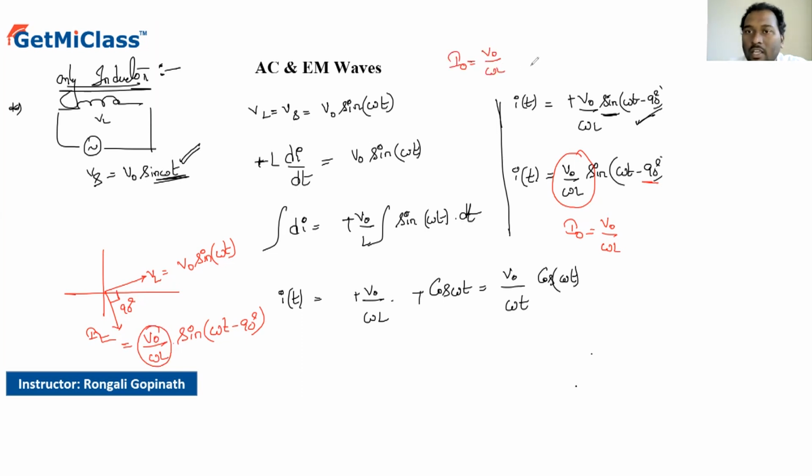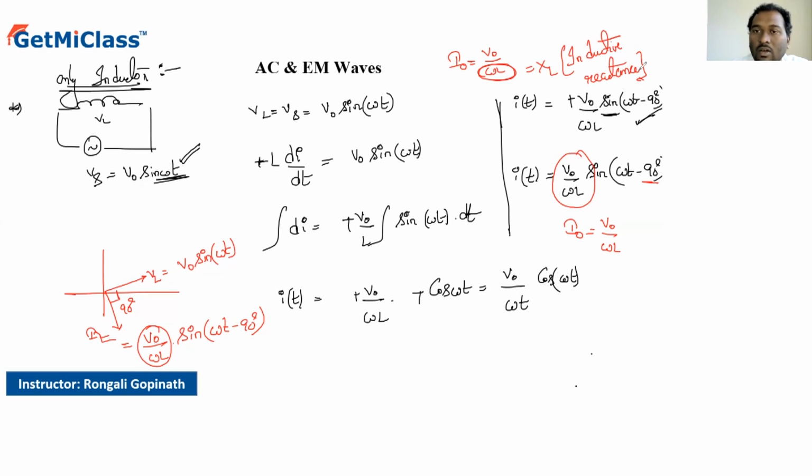If you compare it with I equals V by R, we can say that this omega L is equivalent to some sort of resistance called inductive reactance. This is called inductive reactance, represented by X_L.